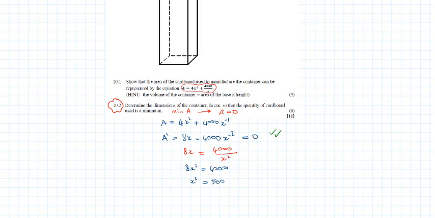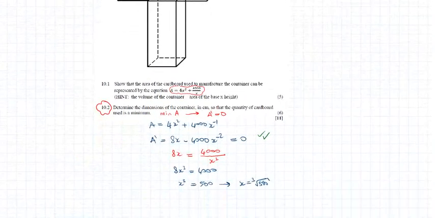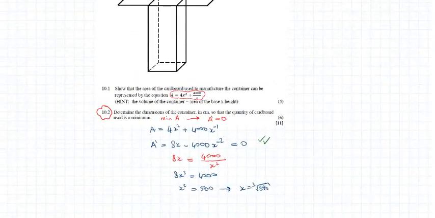So x, that dimension, is the cube root of 500. Since we got x, we can just figure out the other dimensions together.